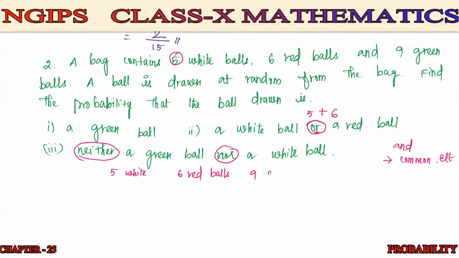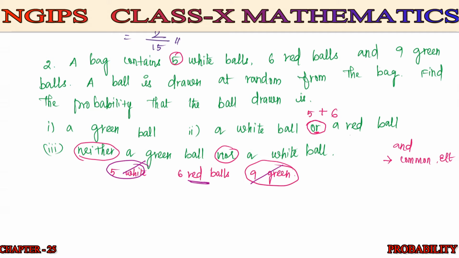Now in this, neither green, so we are not supposed to take the green balls, and we are not supposed to take the white balls either. So which one do we need to take here? We have to take only the red balls. That is the meaning of neither a green ball nor a white ball. We are not supposed to take the green ball or the white ball; the leftover we need to take, and the leftover is the red balls. Is this question clear to all?